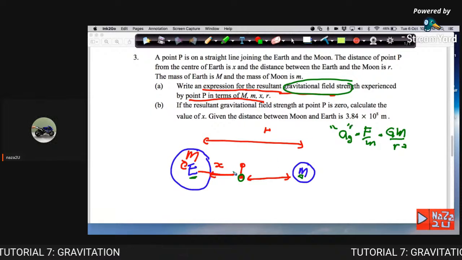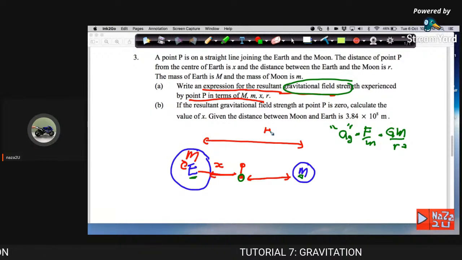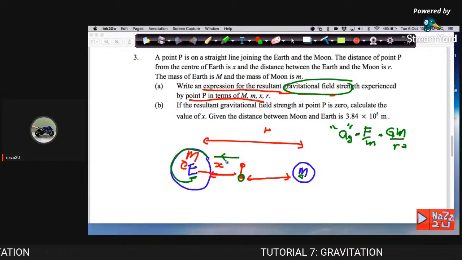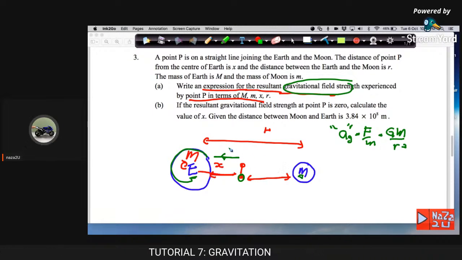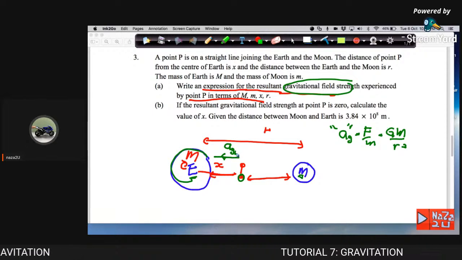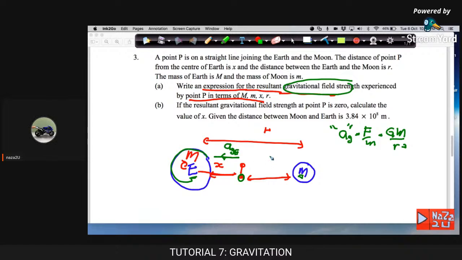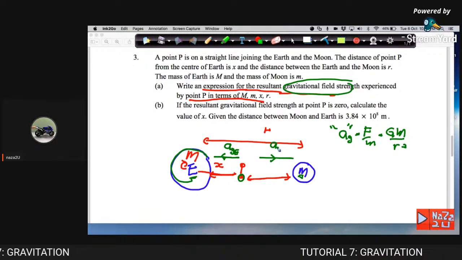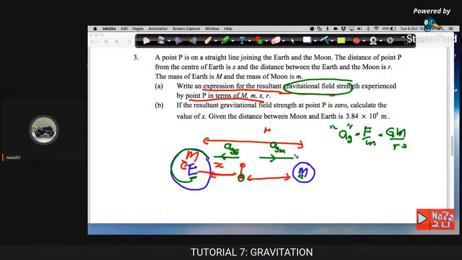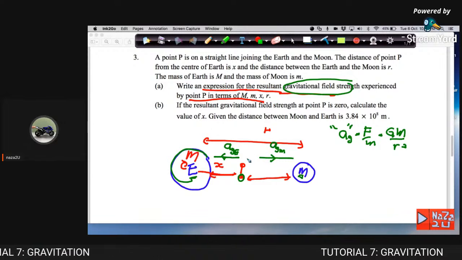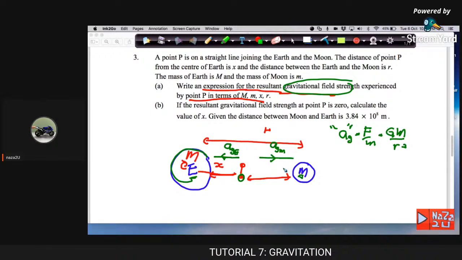So meaning here, for point P, gravitational field strength influenced by the Earth's direction, let's say to the left. And this is AGE, disebabkan oleh bumi, and gravitational field strength AG by the Moon direction to the right. So we have two items here, but opposite direction.